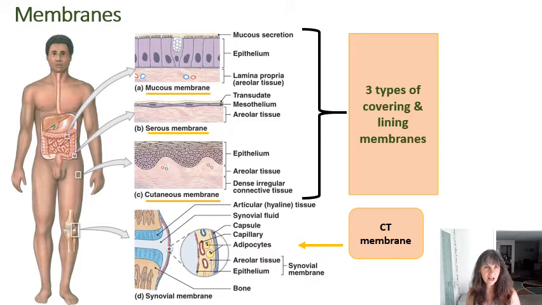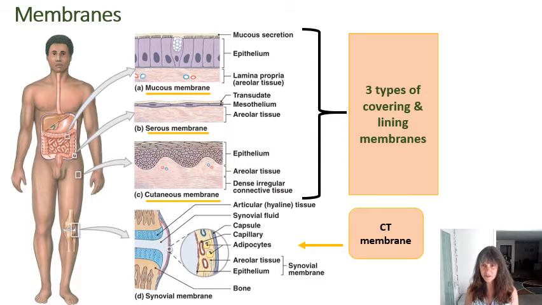You'll notice in this slide that our epithelial tissue can be joined to underlying connective tissue to form a structure known as a membrane. There are three types of covering and lining membranes that involve epithelial tissue, including mucous membranes, serous membranes, and cutaneous membranes.